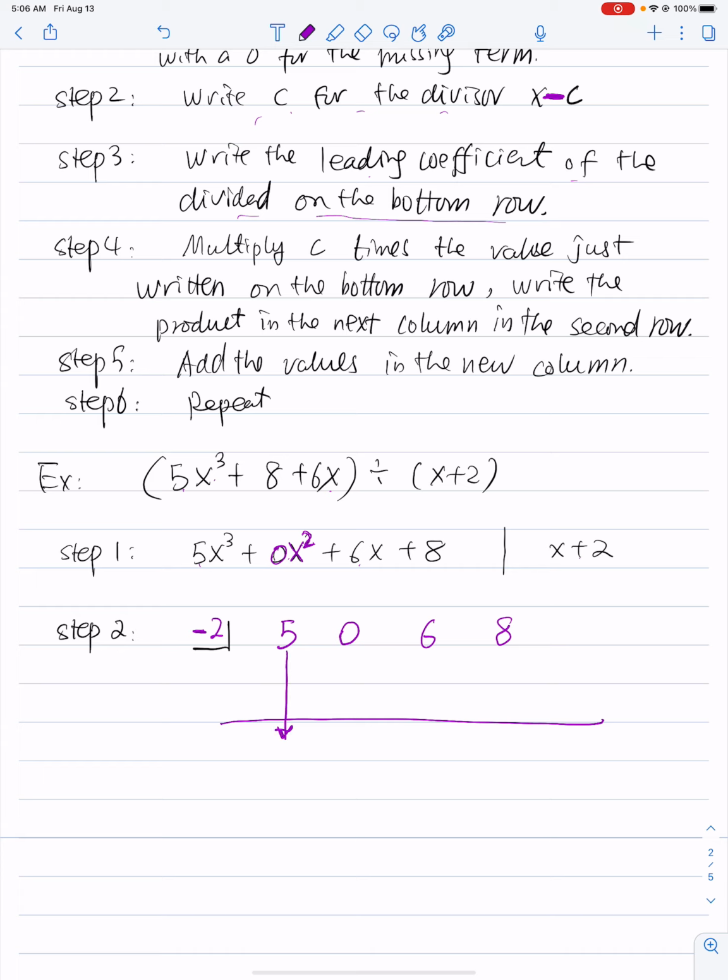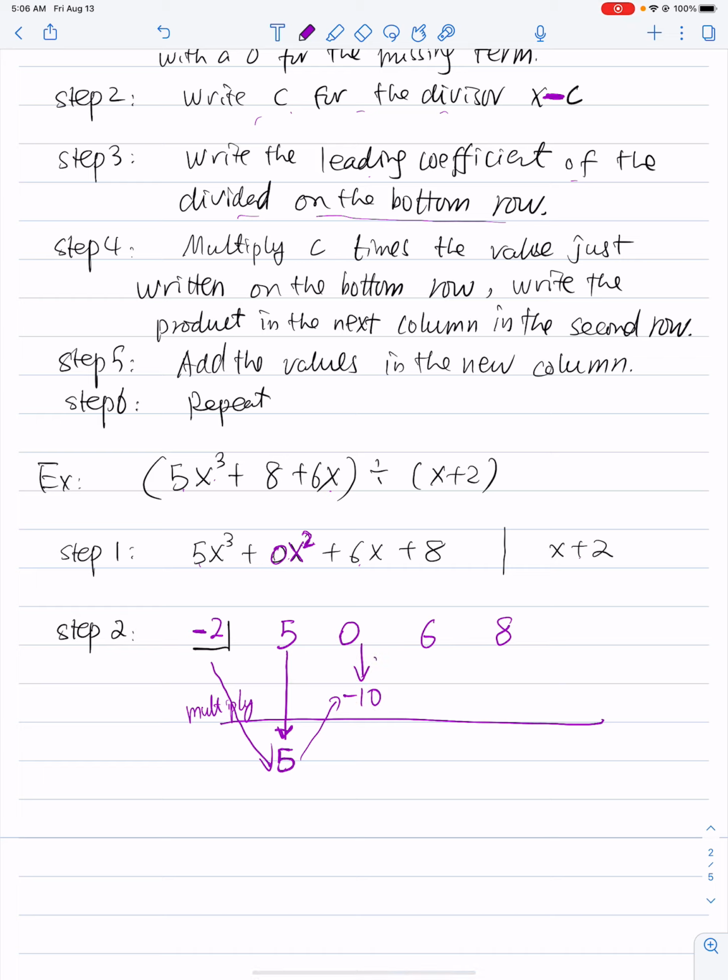We write it down. We always keep it. You keep the leading coefficient here, and then you multiply these two numbers and put it here. So negative 2 times 5, what do you get here?